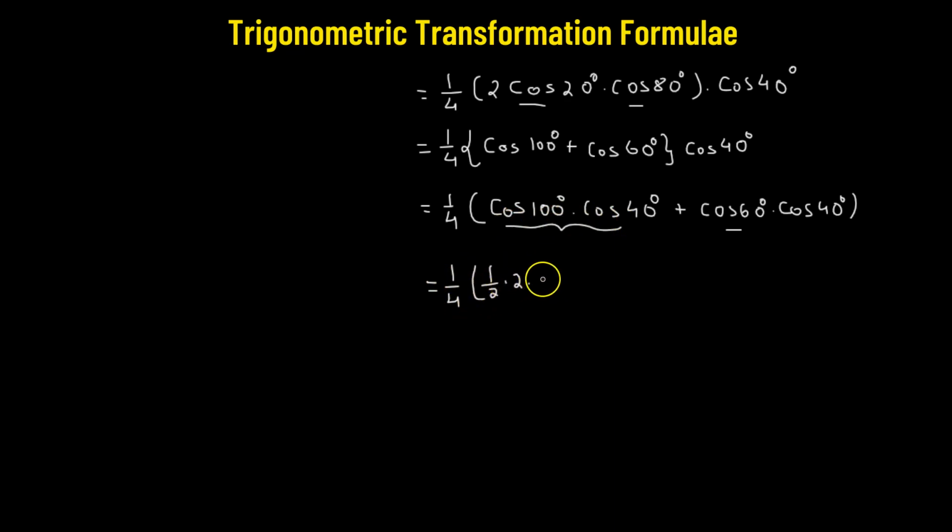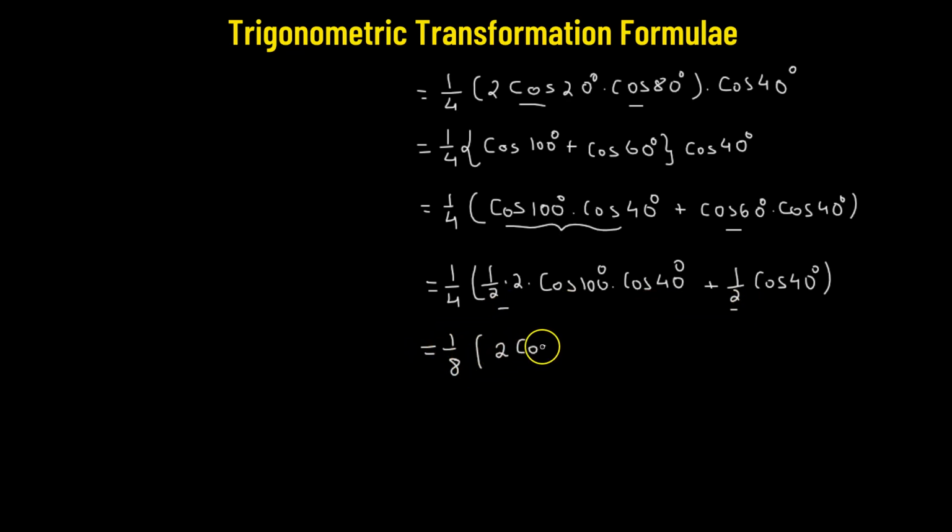So we have half times 2 times cosine of 100 degrees times cosine of 40 degrees plus cosine 60 will be half, so we have half cosine of 40 degrees. Now we can take out half as the common factor, so we are going to get 1 over 8 multiplied to it 2 times cosine 100 degrees times cosine 40 degrees plus cosine 40 degrees. Right. That will be equal to 1 over 8.